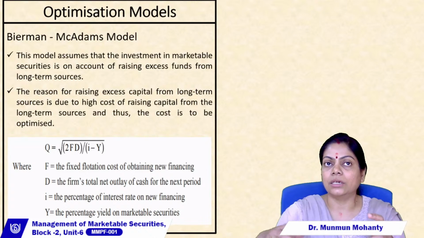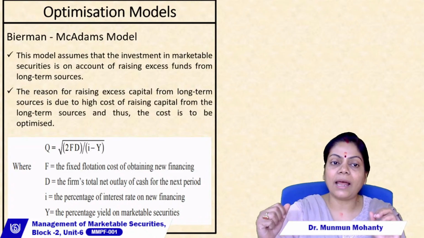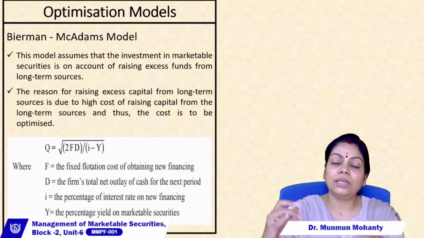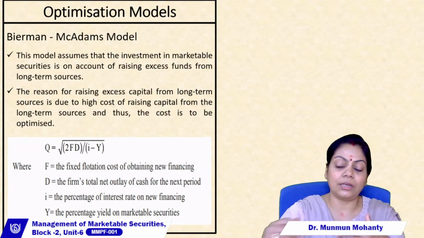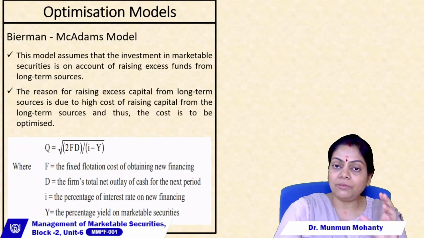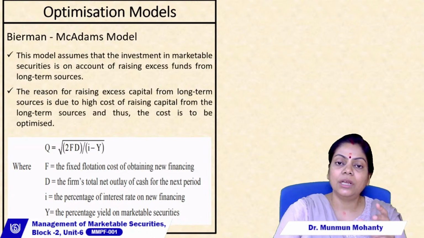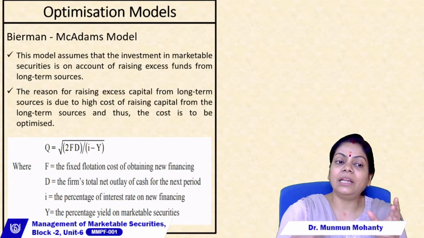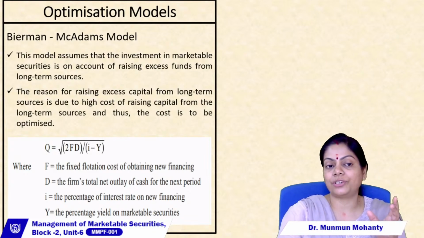That has a cost. This model has been developed to deal with the issue of raising capital. When I'm raising the finance from the market, I need to pay some amount of money as flotation cost.